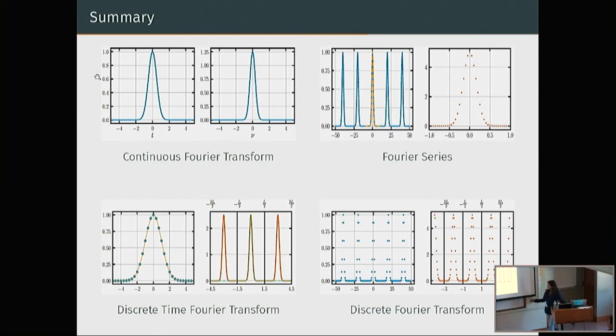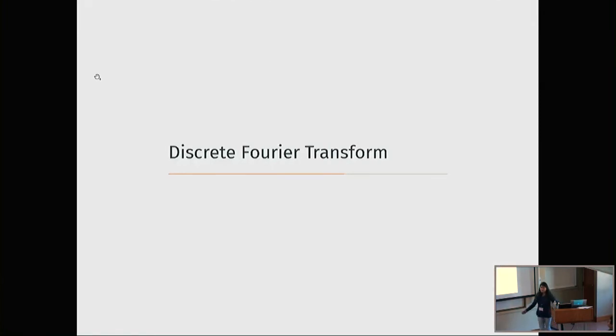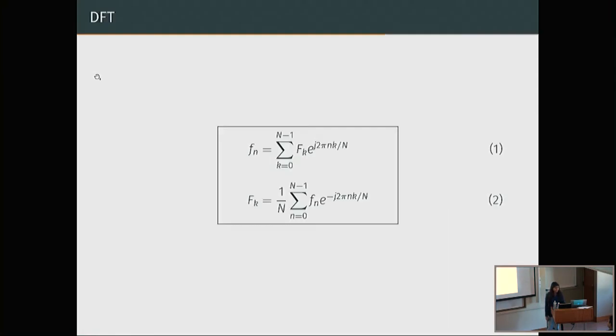So the discrete Fourier transform, or the DFT, is what you most often see in digital signal processing. You don't see DTFT that much, but you see a lot of discrete Fourier transform. The equations for the discrete Fourier transform are very similar to the Fourier transform, only the integral goes back to summations.